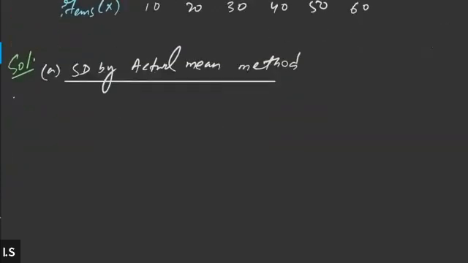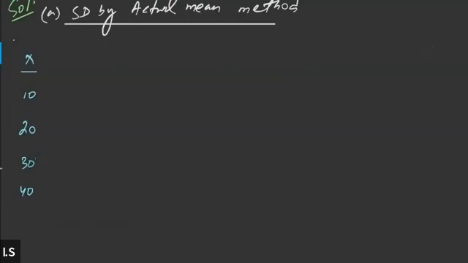So let's write it down in the vertical format first of all. X: 10, 20, 30, 40, 50, and 60.